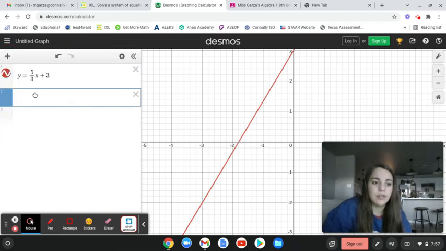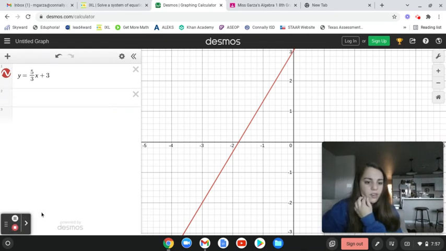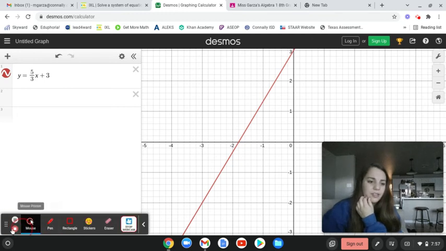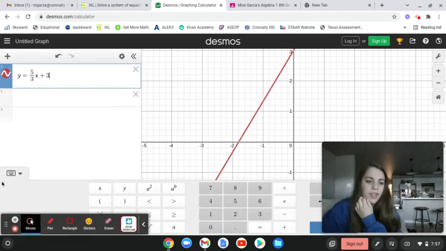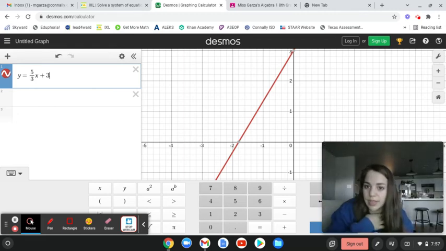So if you're ready to type another line, you can totally do that. Right where this stuff was is a little keyboard, and this is a calculator for you. Just so you know, that is a cool little online tool to use while we don't have calculators at home.